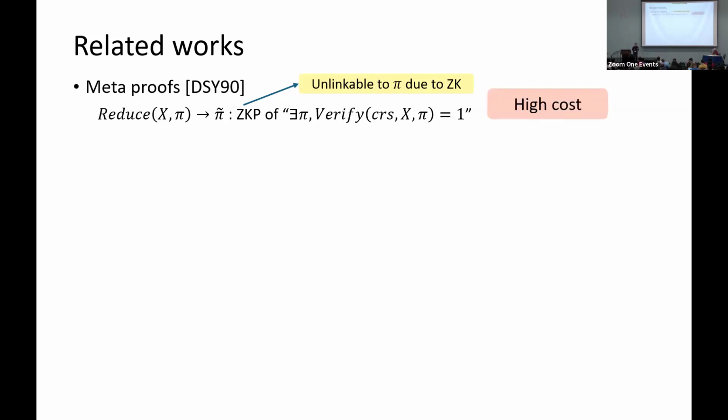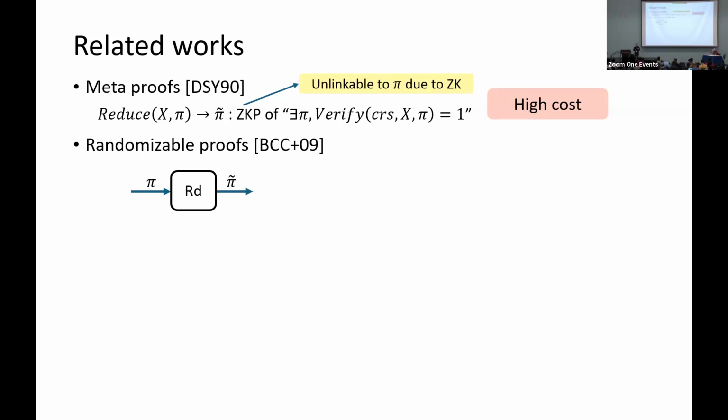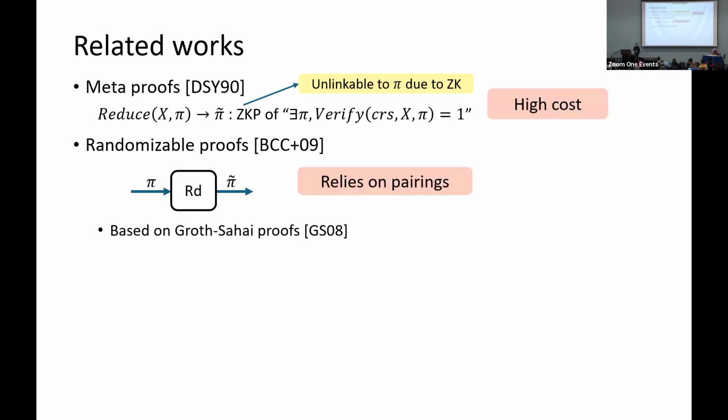However, this is not efficient due to either the high computational cost or the large signature size. Another way is to use a randomizable proof, where the user can randomize the proof to an unlinkable version. However, here the construction is based on Groth-Sahai proofs, which rely on pairings.